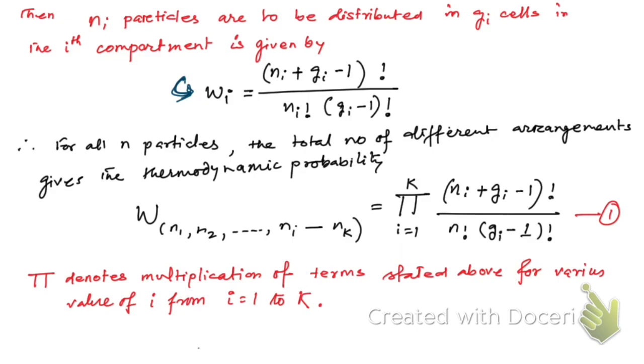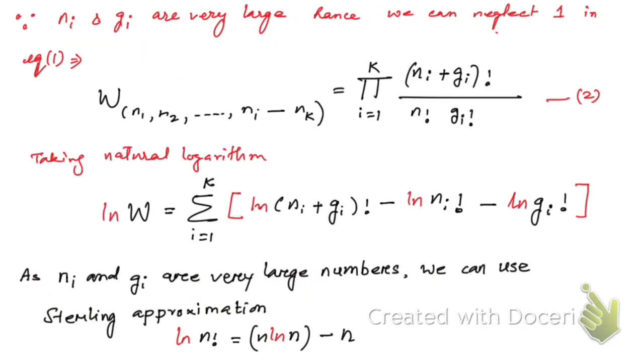Since g and n are very large, we can neglect this minus 1 in equation 1. Then equation 1 implies this. Now let us take the natural log on both sides of this equation.